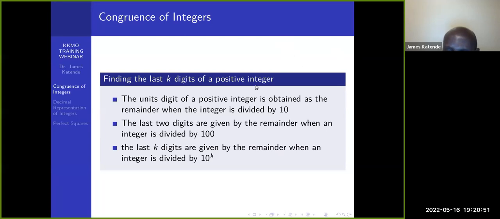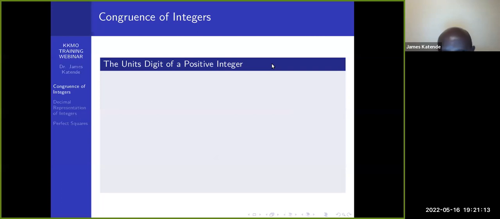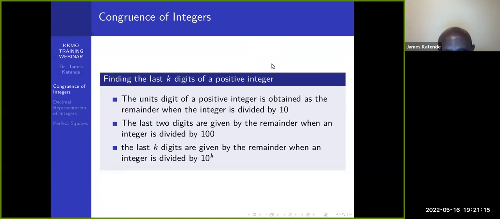This can be illustrated by expressing a number as a linear combination of powers of 10. But this one is just when you want to find the last k digits of a positive integer.